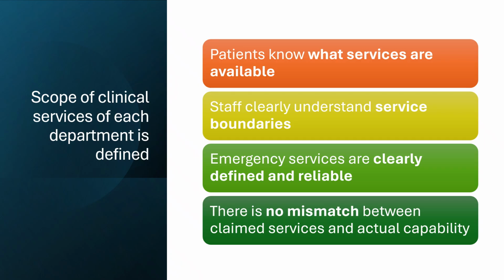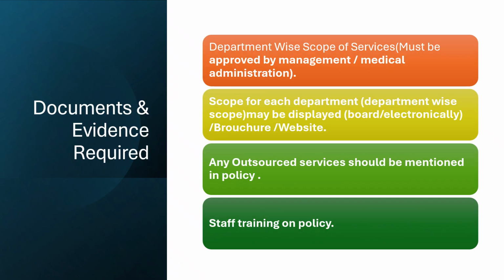Or else, if you are providing only medical and surgical oncology, then you write only medical and surgical oncology, and in the scope excluded you write that radiation oncology is excluded. So it should be prominently displayed, and all the patients and the public should know about it.